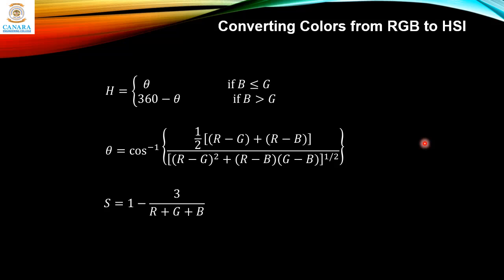Next, S is equal to 1 minus 3 by (R plus G plus B) into the minimum of R, G, B. Using this formula, we can convert any RGB value into HSI. And I is equal to 1 by 3 into (R plus G plus B). So this completes the RGB to HSI conversion.